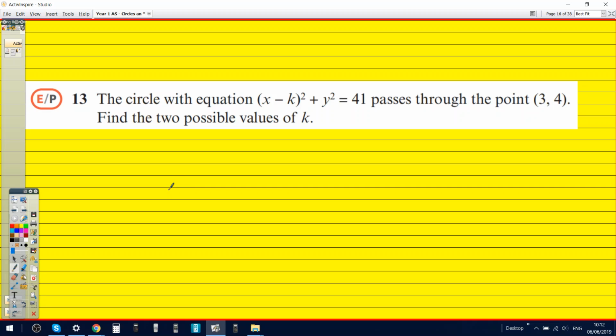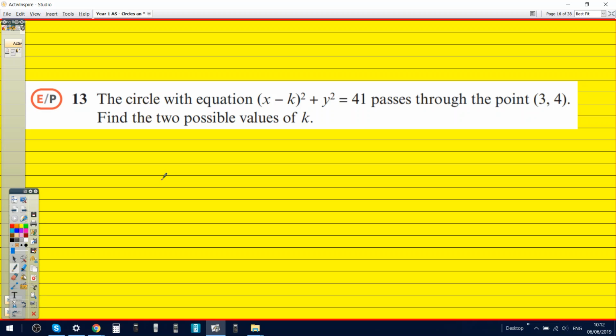So circle with equation x plus 3 squared plus y minus 4 squared. Is all this just subbing in the point values?